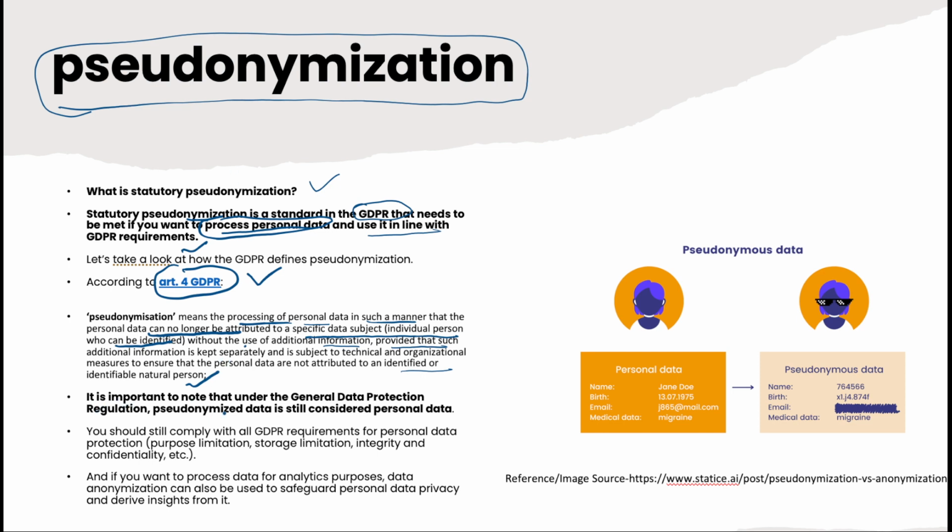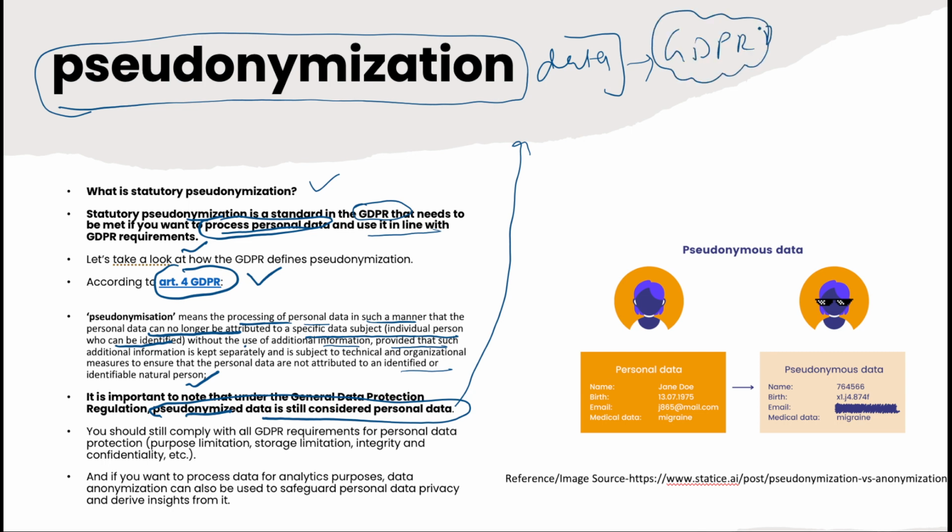It is important to note that under the General Data Protection Regulation, pseudonymized data is still considered personal data. So this is very important. Once you have this pseudonymized data, GDPR requirements are still applicable, and you have to have organizational and technical measures in place to ensure that this data is secure.